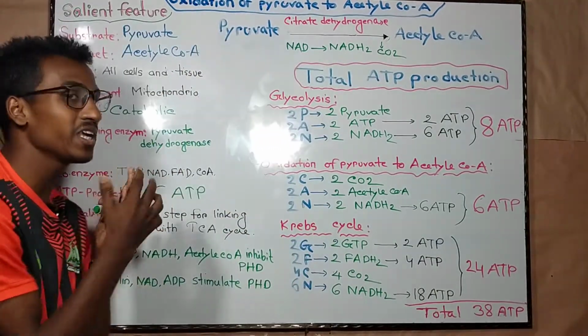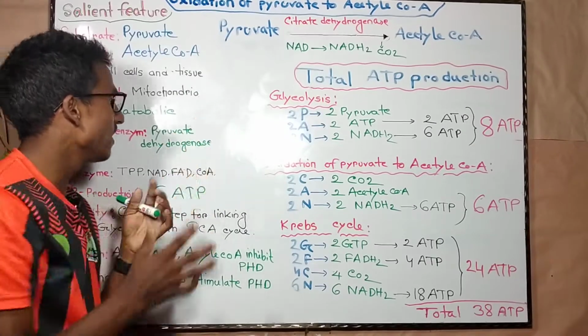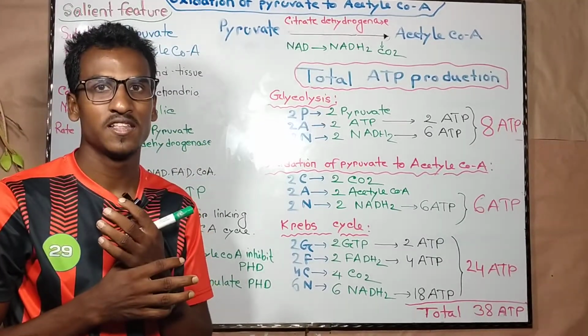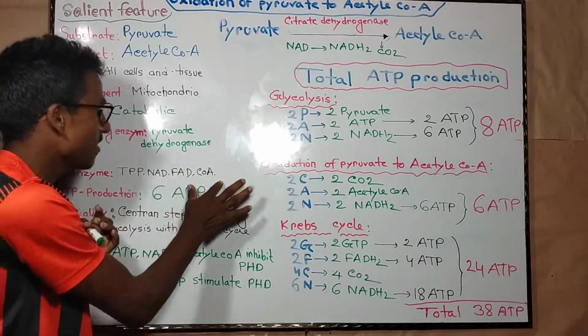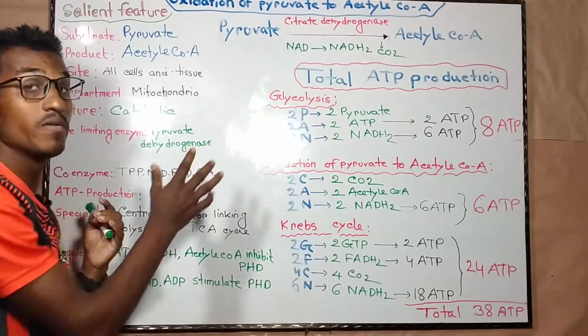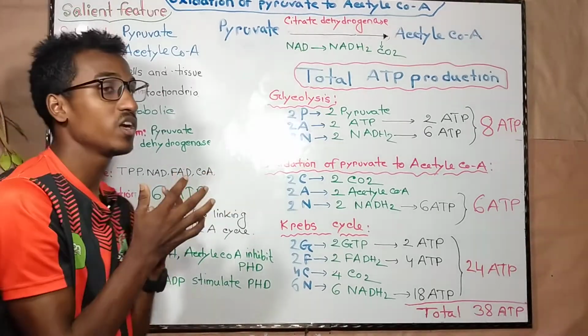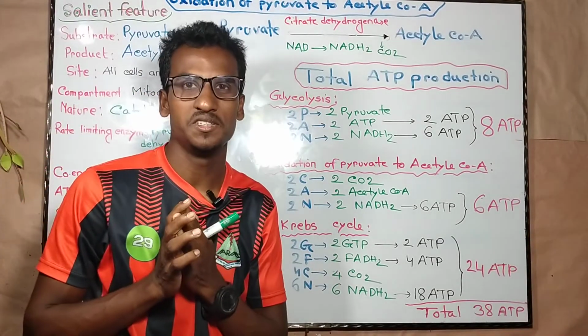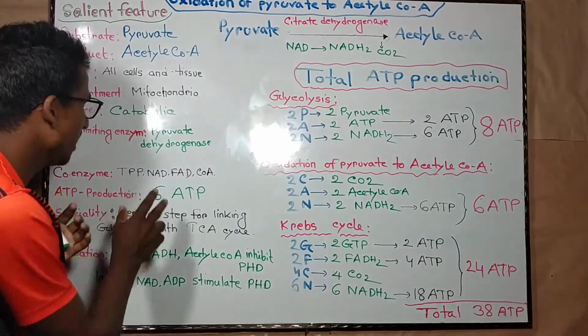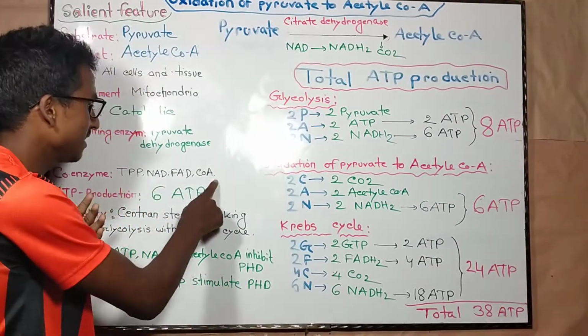The rate limiting enzyme is pyruvate dehydrogenase, and the coenzymes needed are TPP, NAD, FAD, and lipoic acid, and CoA. The total ATP production here is 6.